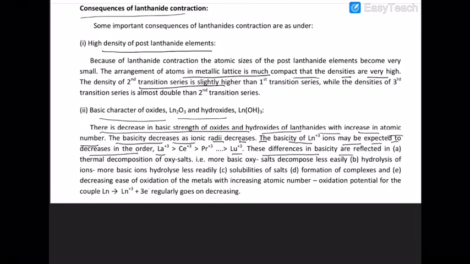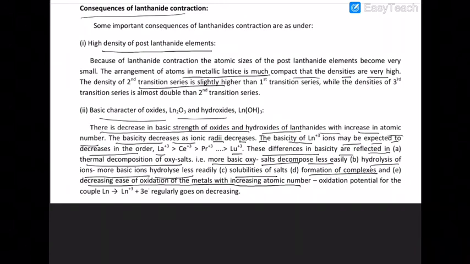The difference in basicity is reflected in thermal decomposition of oxysalts. More basic oxysalts decompose less easily. Hydrolysis of ions: more basic ions hydrolyze less readily. Solubilities of salts, formation of complexes, decreasing ease of oxidation of metals with increasing atomic number. All these are consequences of the lanthanide contraction.